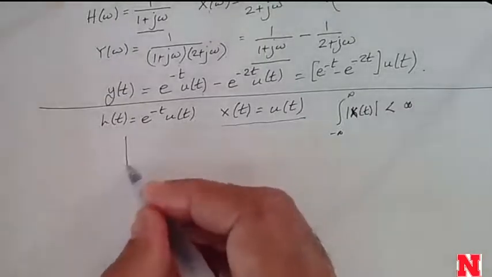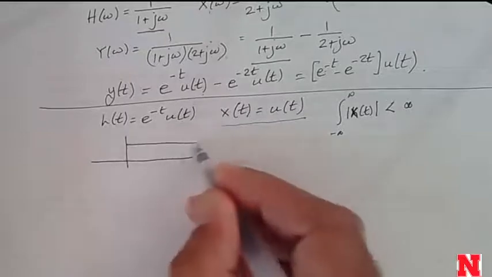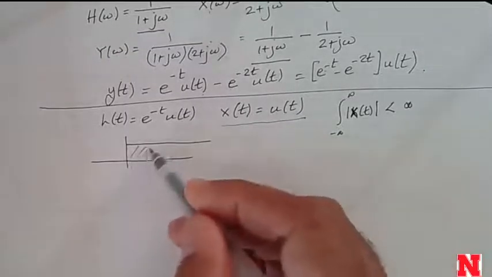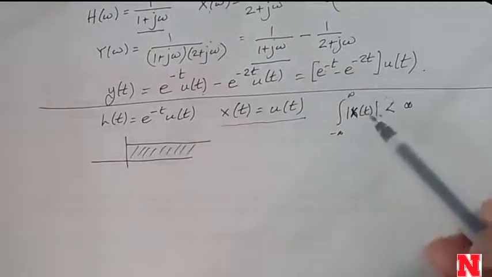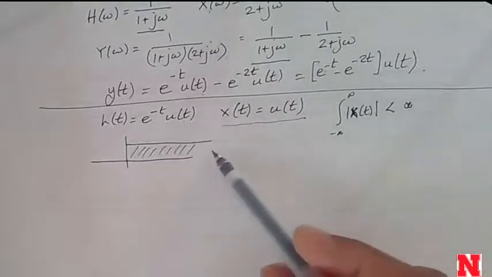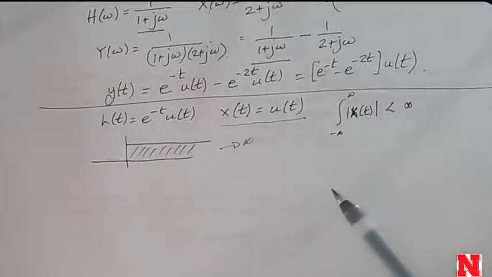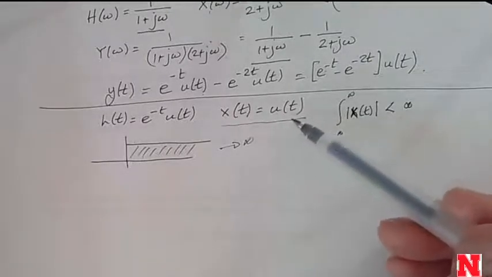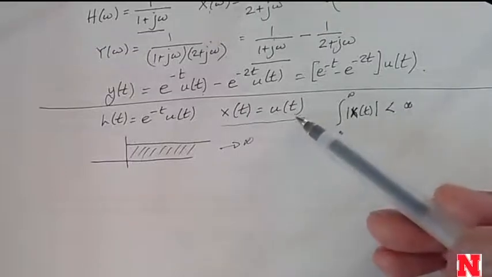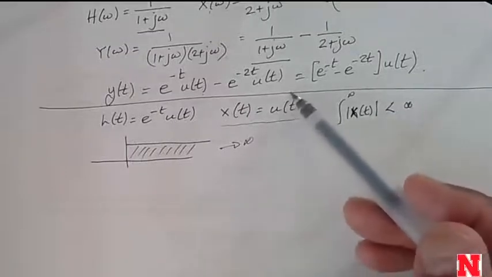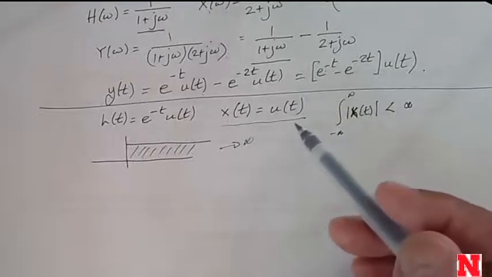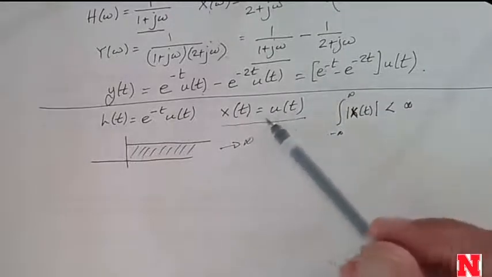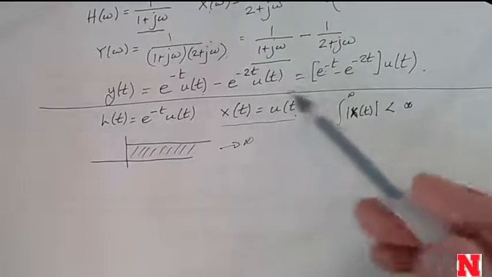Now the unit step function goes on up to infinity. And if I take the area under it, which is what this integral is, then this area is going to go to infinity. So u of t clearly violates the first Dirichlet condition. So I can't use the Fourier integral to find the Fourier transform of the step function. But the step function is an important thing, so we're going to use it over and over again. So I need to figure out a way to deal with this.